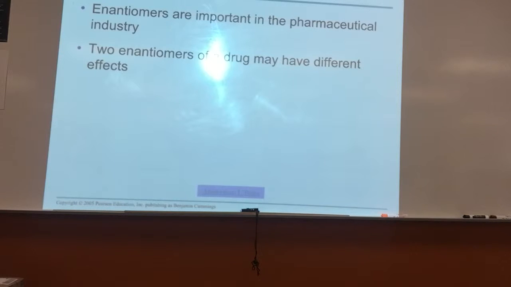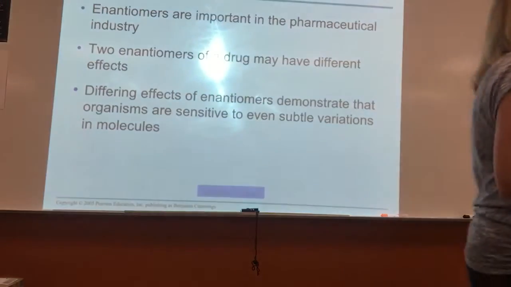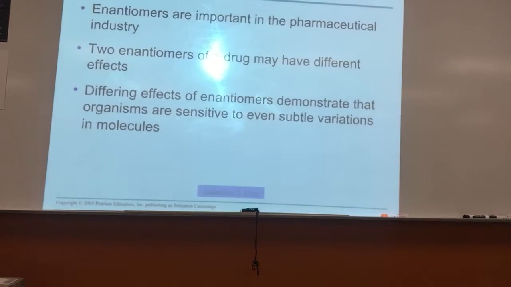So biochemists have to be very, very careful about which enantiomer works and which one doesn't. Because that slight change in the structure can either not be effective or it can have adverse side effects in the organism. And so therefore it's really important to know which one they're giving.